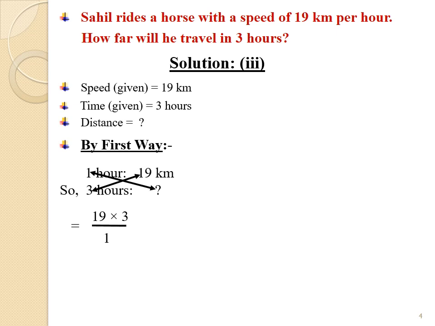Students, now we have to multiply 19 by 3 and keep the denominator 1 as it is. Thus, multiplying 19 by 3 and keeping the denominator 1 as it is, we get 57 upon 1.